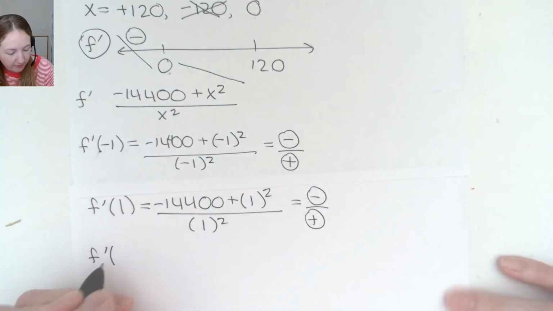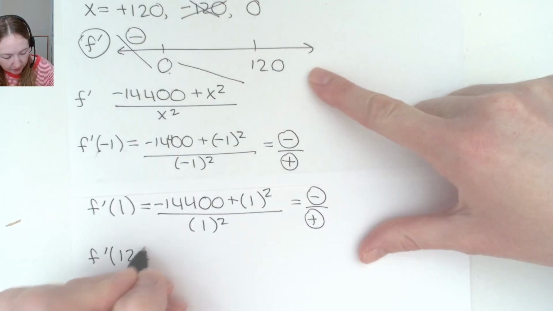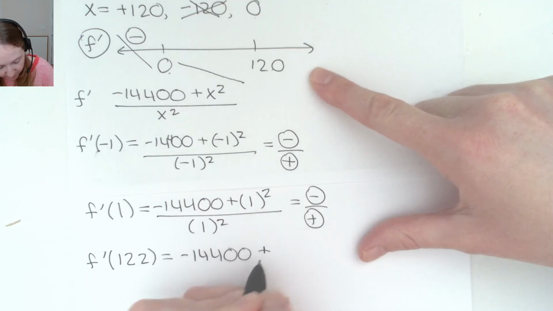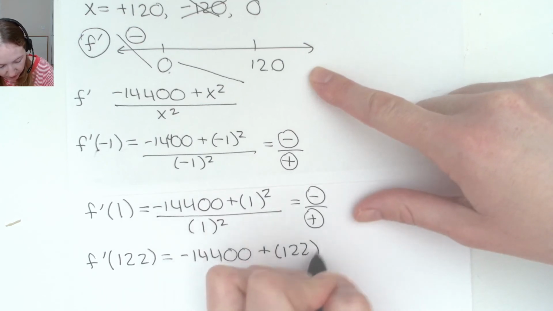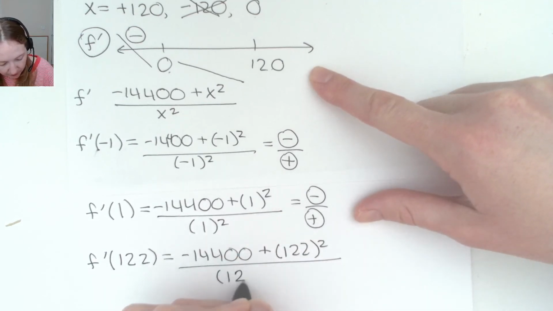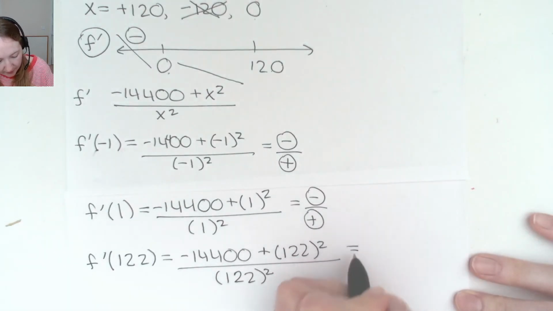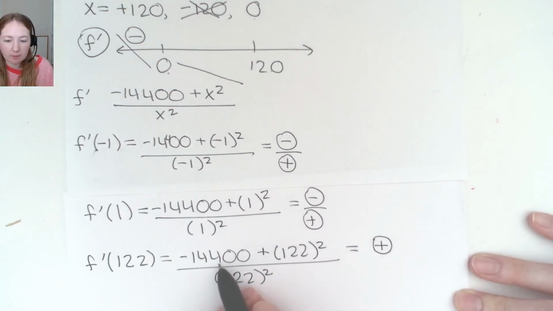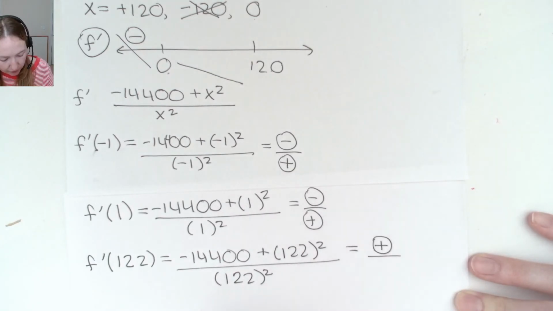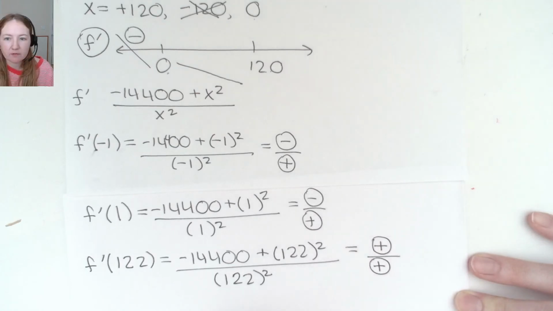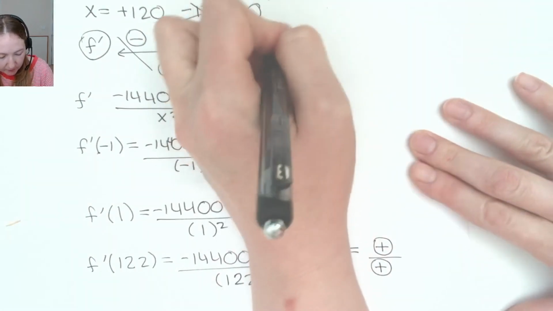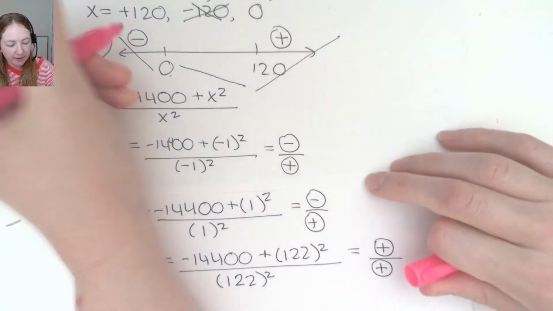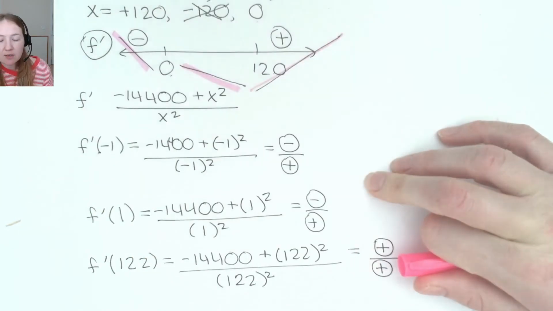And then I would plug in for my 120, maybe I plug in 122. That gives us negative 14,400 plus 122 squared over this 122 squared. And that would give us a positive, because this 122 squared would be bigger than the negative 14,400 over a positive. And so that positive would indicate that we're then increasing. So from our number line here, we're decreasing, decreasing, and then increasing.